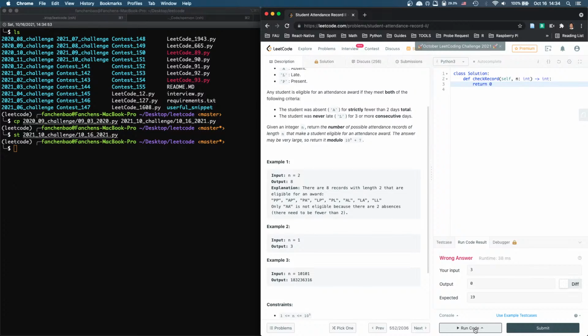So no A but L. No A but L is going to be 4, so 1, 2, 3, and 4.